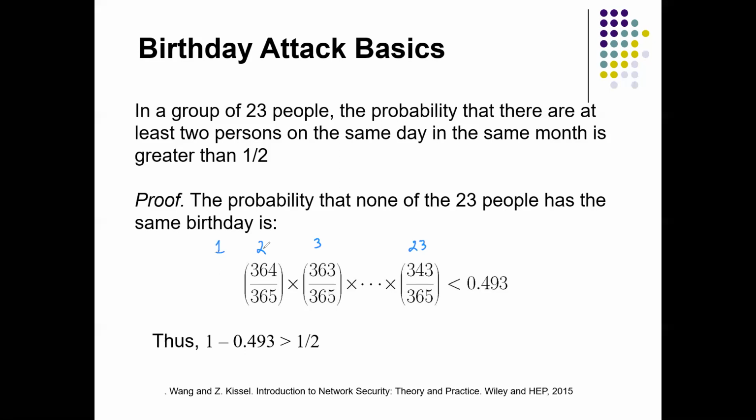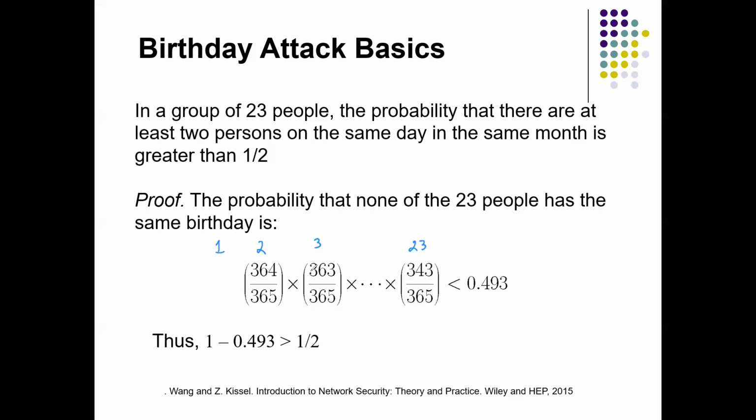So any day. The second person, since one has already been given a birthday, cannot have the same birthday as the first person. Hence the probability that the second person's birthday differs from that of the first person is 364 over 365, because this person cannot pick the same day.